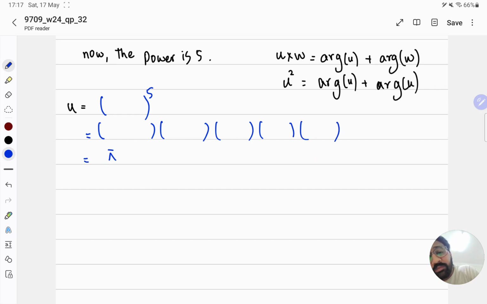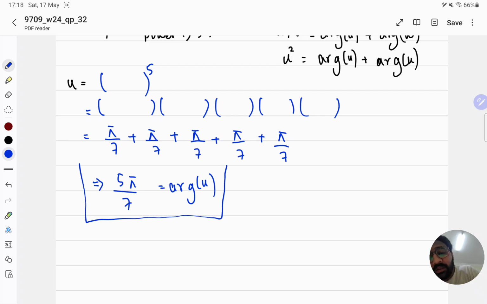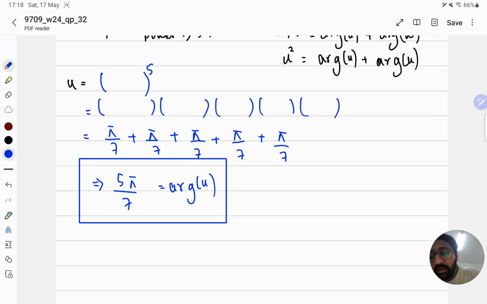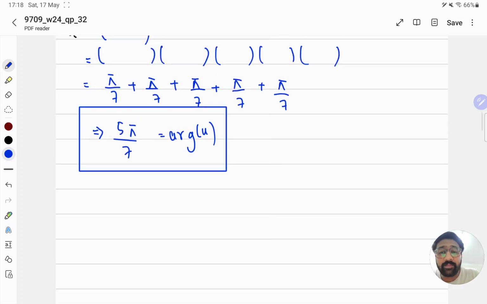So the argument is going to add with itself 5 times, or you can simply multiply it with 5 as well. So it will be 5 pi by 7. This is the argument of u. This was method 1. Now let's do the other method as well, which is suggested by the marking scheme.